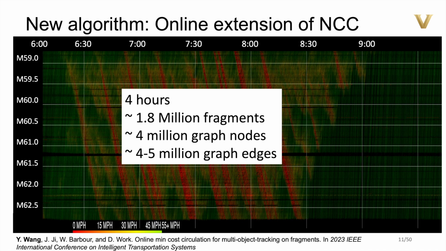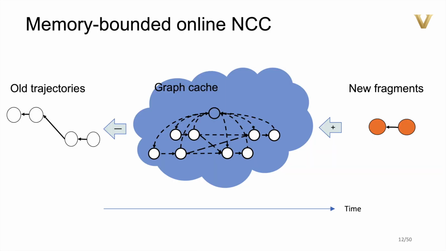This motivates us to find an online extension which can deal with streaming data coming in order of time. The basic idea of this online algorithm is that we can formulate the data association as a rolling horizon type of approach. It means that we keep a cache with a small amount of memory that only keeps all the data from a short time window and move this cache forward in time.